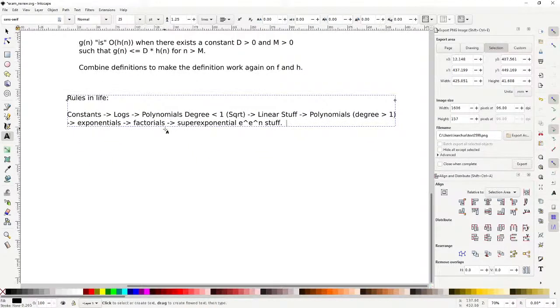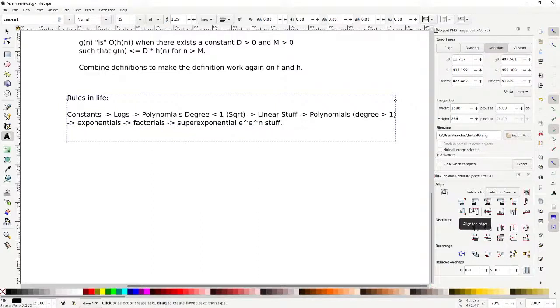So that's how you can pretty instantly know that if I give you a polynomial, even if it's n to the 100th power, it's still going to be big O of e to the n. And the reason why is that eventually e to the n will beat any polynomial. I don't care what polynomial you write down, e to the n is going to beat it. 2 to the n is going to beat it. Even 1.1 to the n is going to beat it eventually, right?